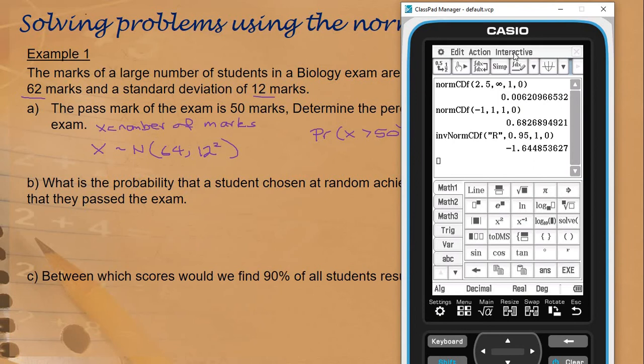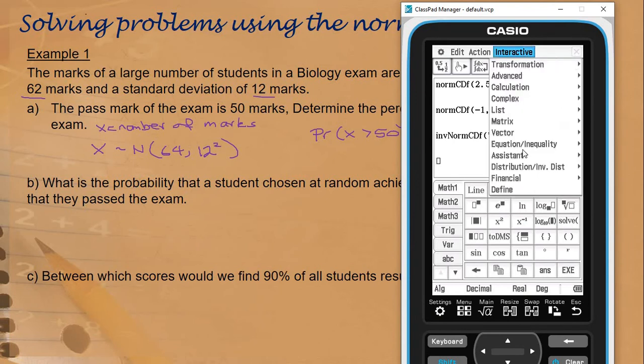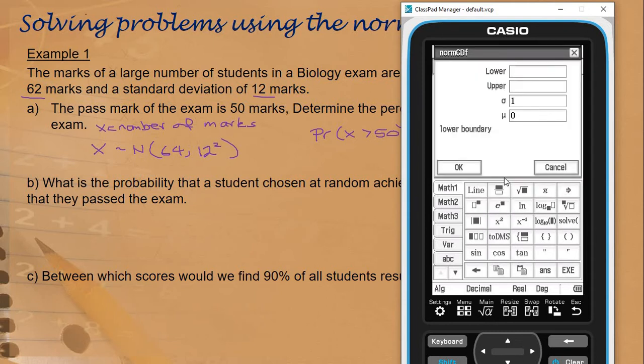So we get our CAS, we're working out a probability, so distribution, continuous, normal CDF, always normal CDF. Our lower is 50, and even if we knew what the upper mark was, we always put infinity as our upper. This time we're not using standard normal, so I have to change the mean and the standard deviation.